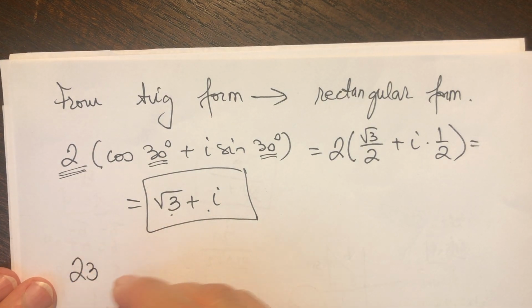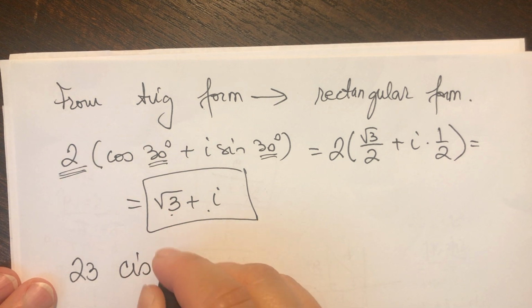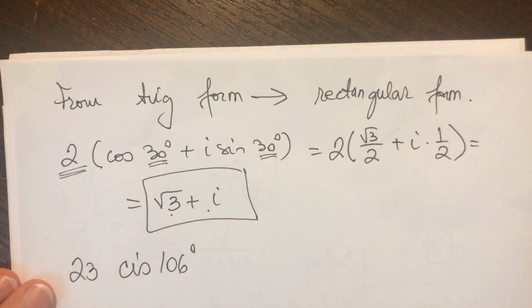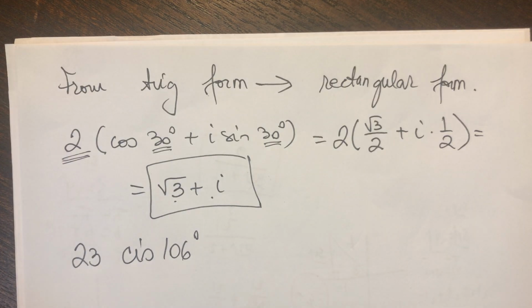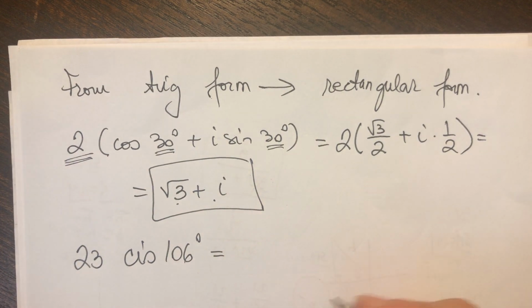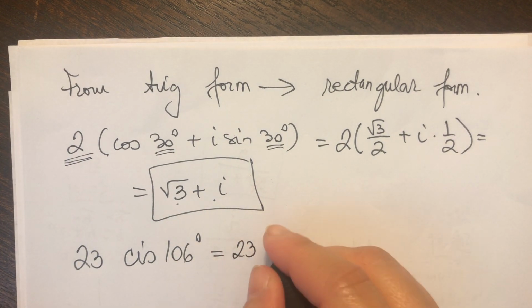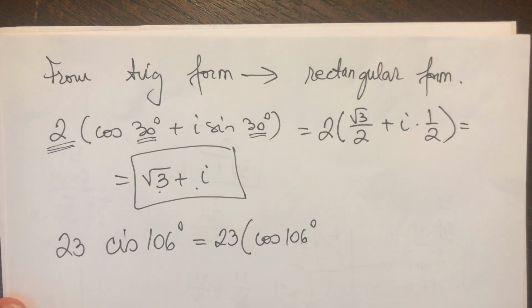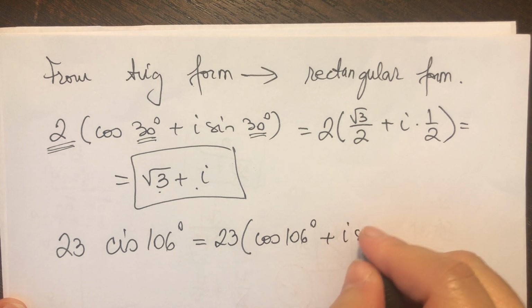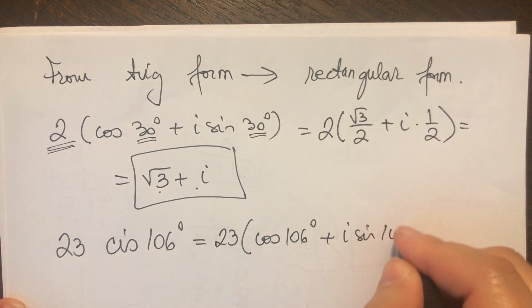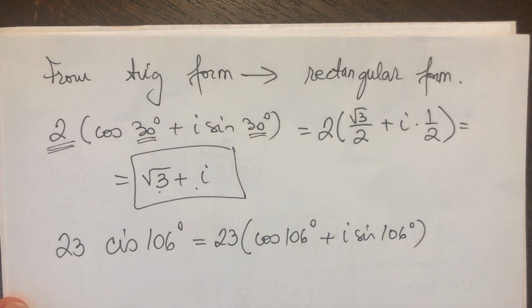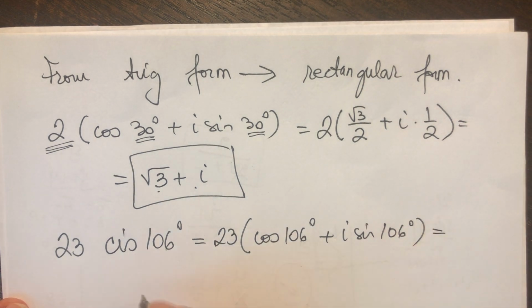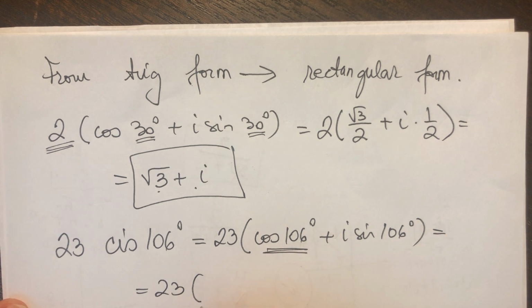What is 23 cis of 106 degrees? I gave it to you in the short version. That means 23 times whatever cosine of 106 degrees comes out to be out of your calculator, plus i times whatever sine of 106 degrees comes out to be. Put this in your calculator; you'll get not an exact value.